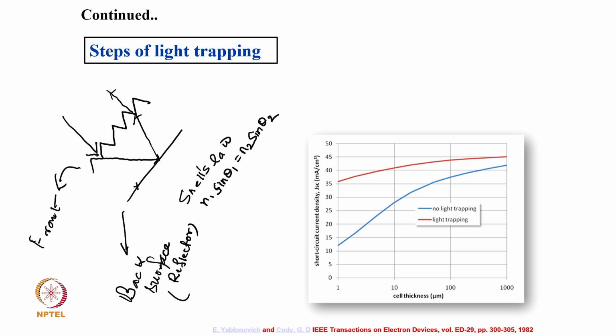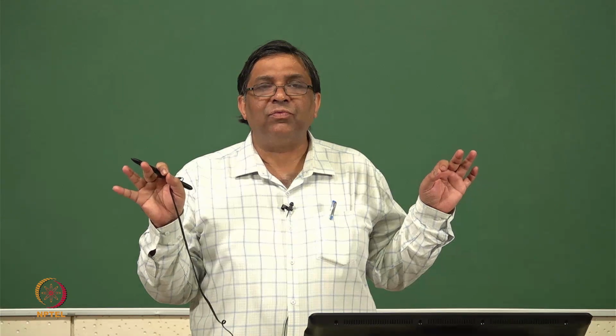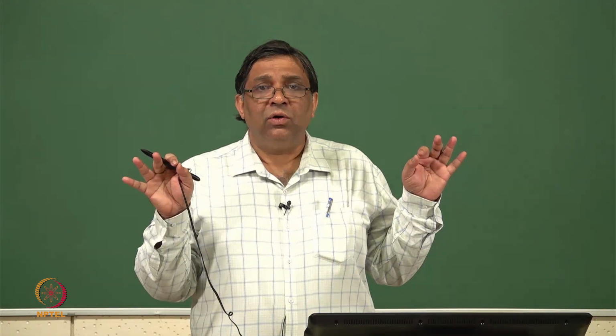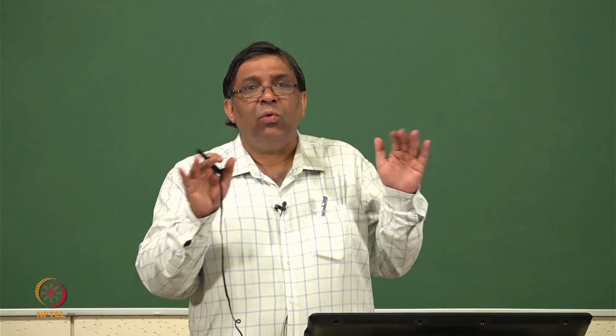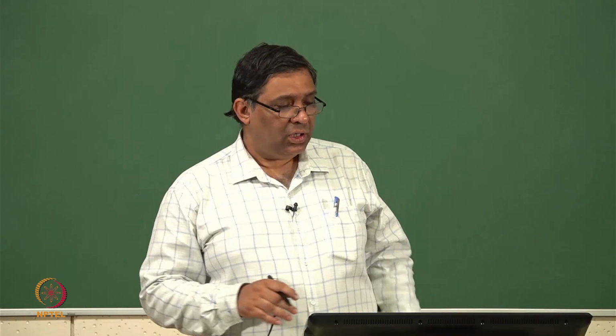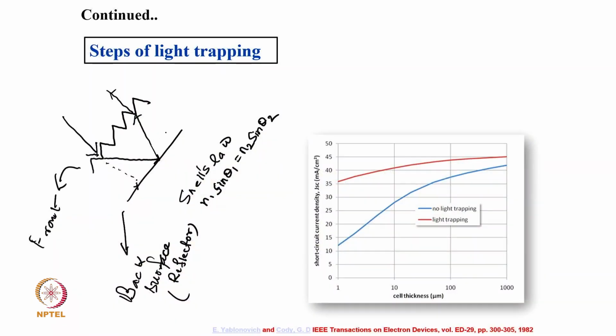Okay, earlier it was like this and now you have a slightly enhanced path length just by texturing the top surface of the wafer or the material, whatever is there on the top. You have enhanced the optical path length. So optical path length increases.